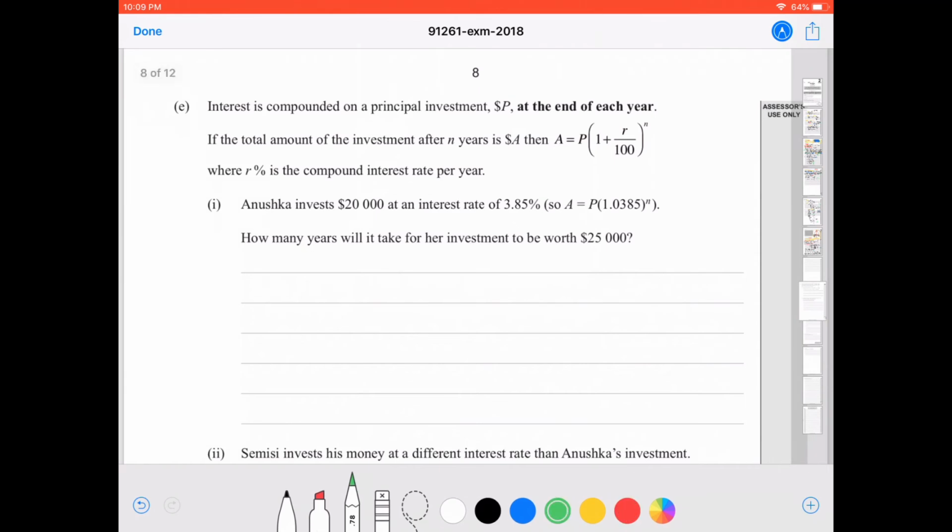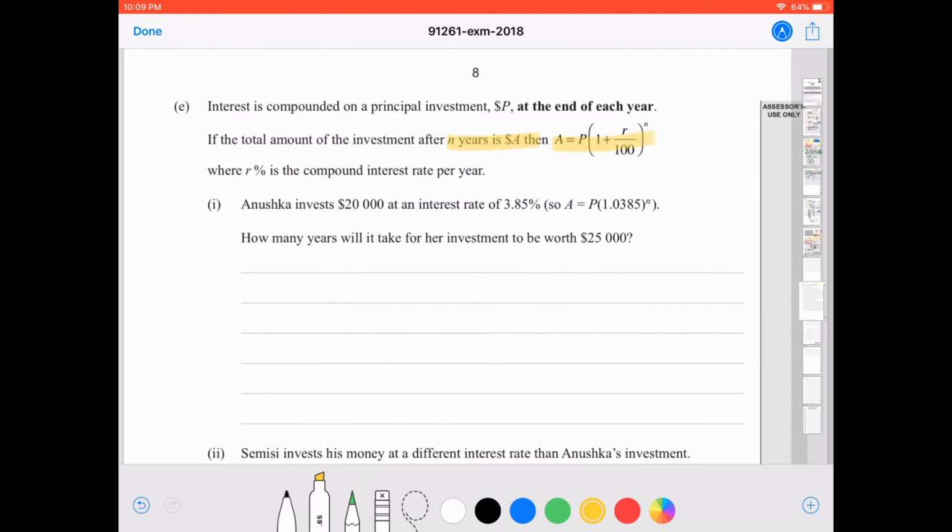It says interest is compounded on a principal investment, P dollars, at the end of each year. If the total amount of the investment after n years is A dollars, then A equals P times 1 plus R over 100, all raised to the power of n.